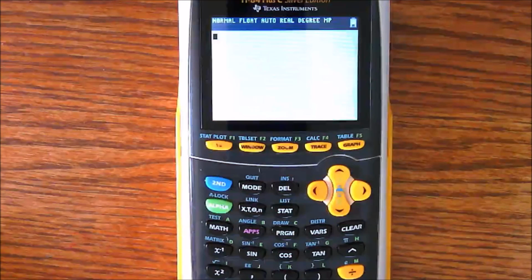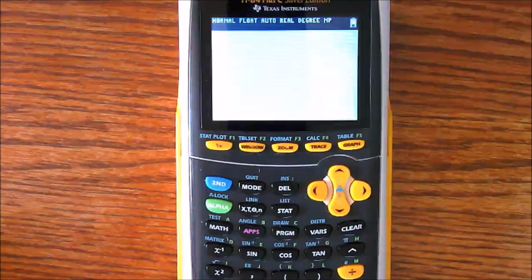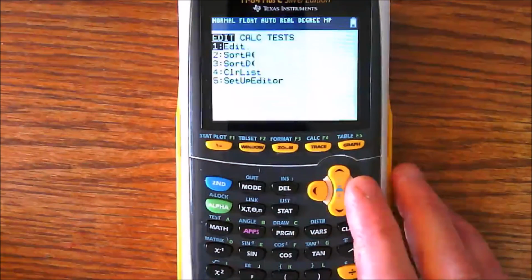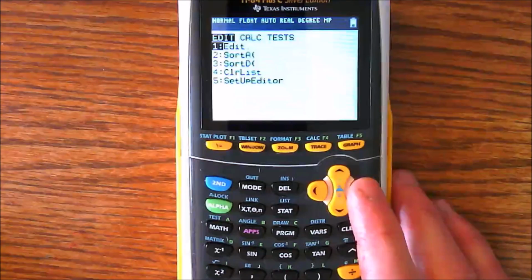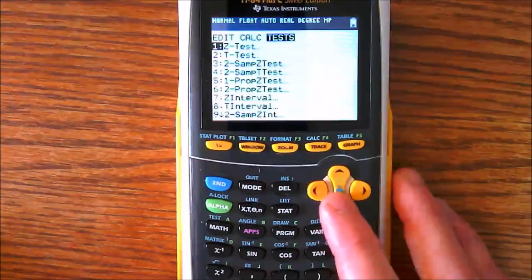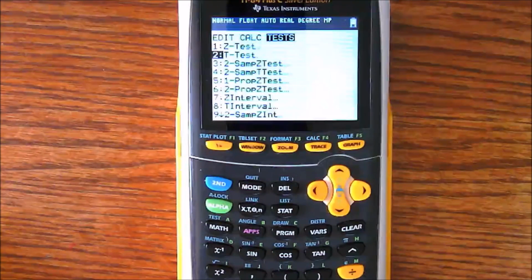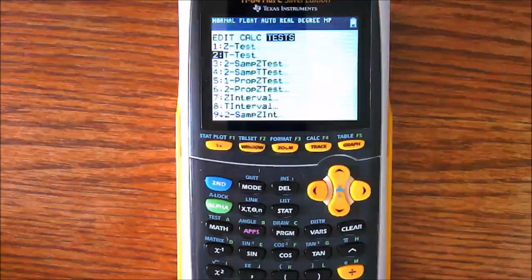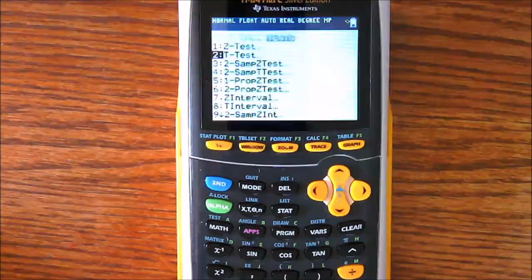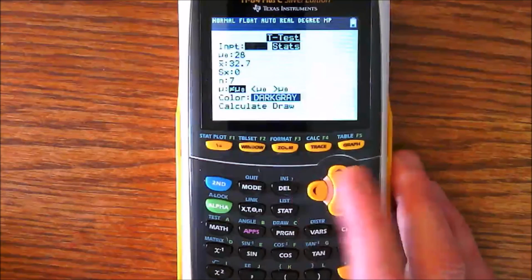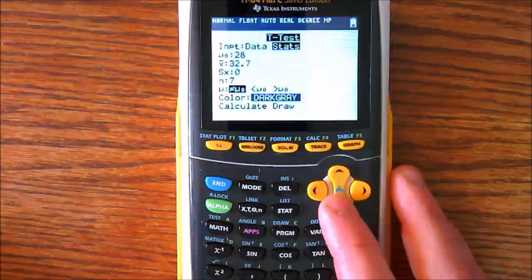All right, for the weeks in remission of the new drug versus the old drug, because we don't know the population standard deviation, when we do our test, we're going to do a t-test, Student's t-test, when we don't know the population standard deviation, which is in most cases actually. So again, data would be if we have it in our lists.